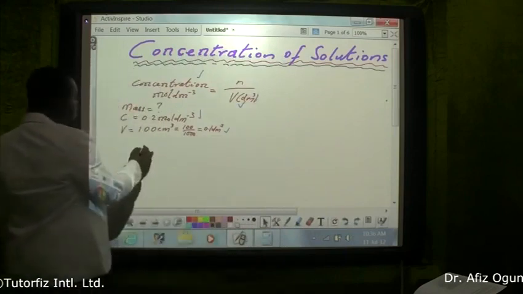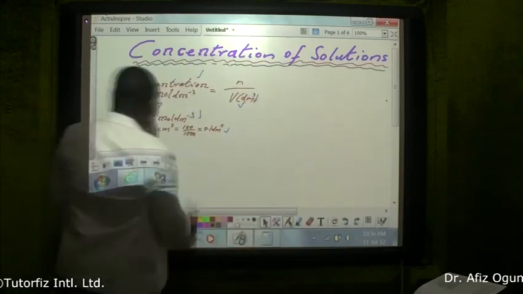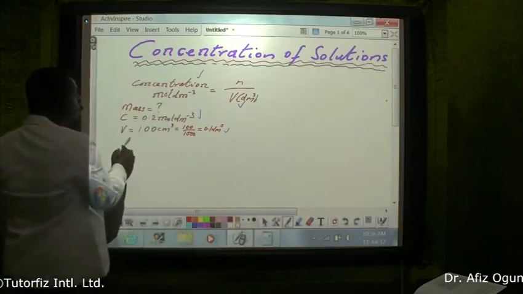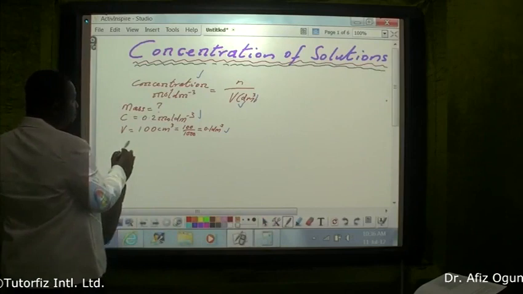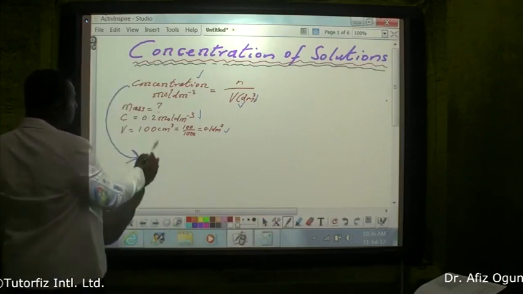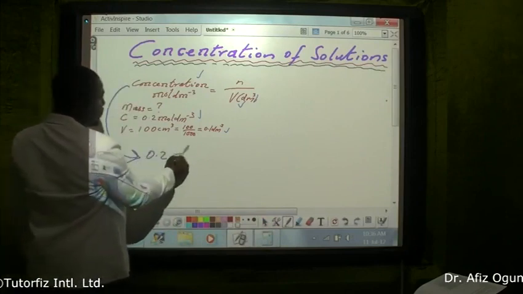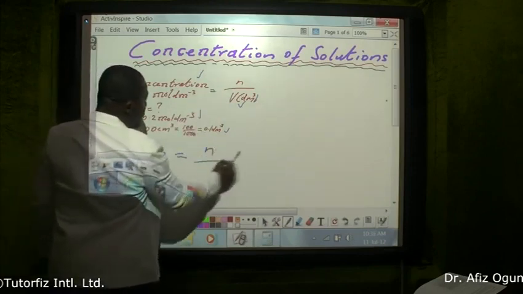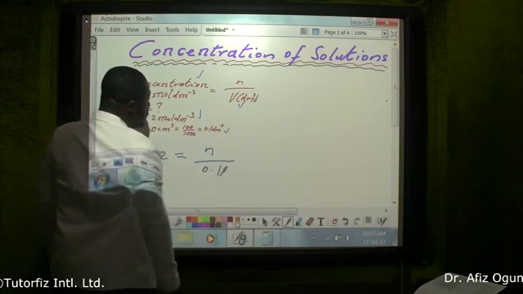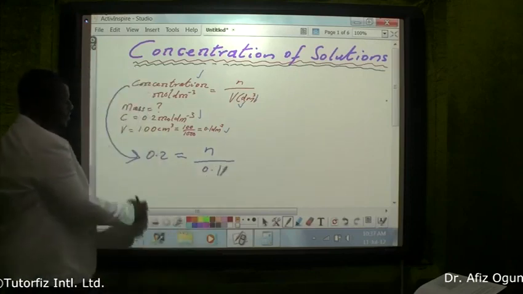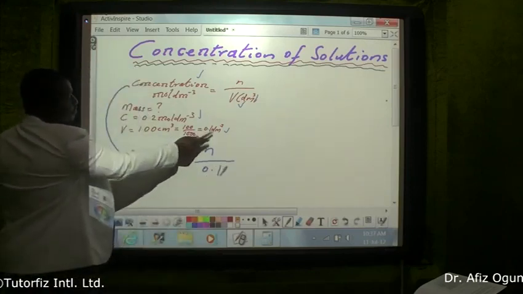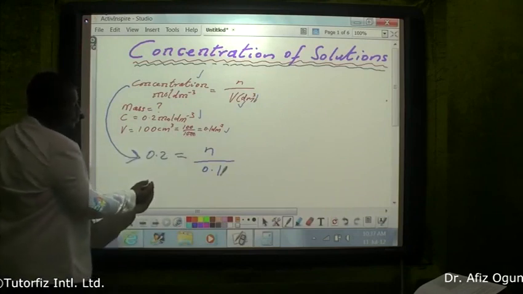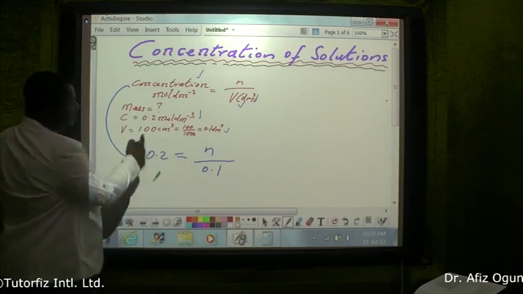Now, first thing I want to do, I want to get my number of mole. Okay, I want to get my number of mole. So, concentration using this formula, which is 0.2 equals N, which I'm looking for, over volume 0.1. So, number of mole is easy for me now. I converted this to dm cube, which was in cm cube.